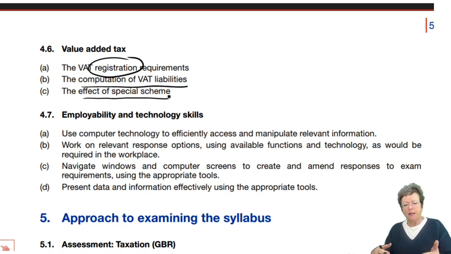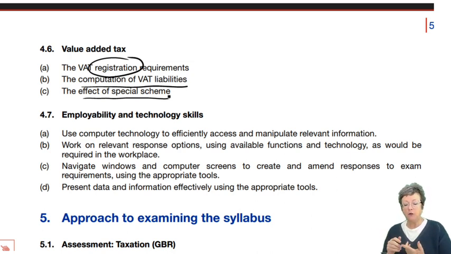Then, the last section, 4.7, employability and technology skills. This is a new area, and it's about being more employable once you've passed your ACCA.